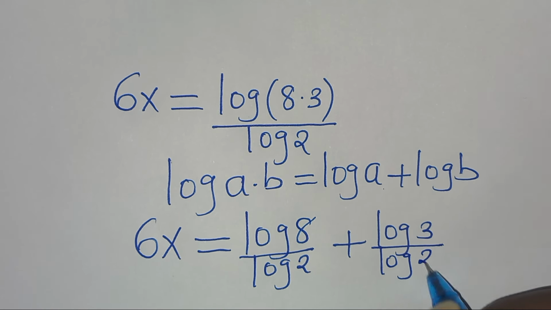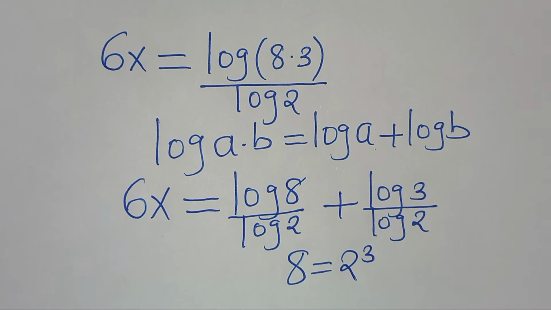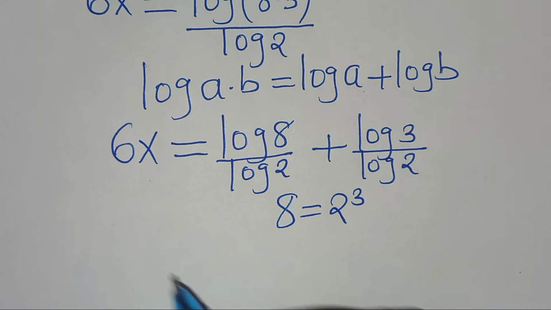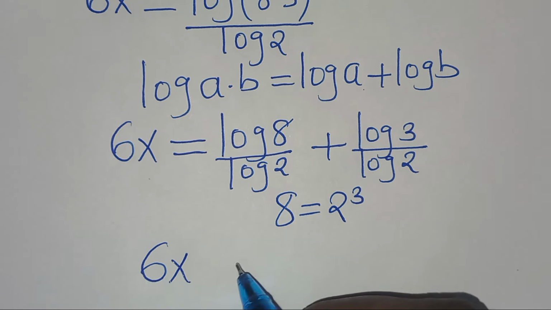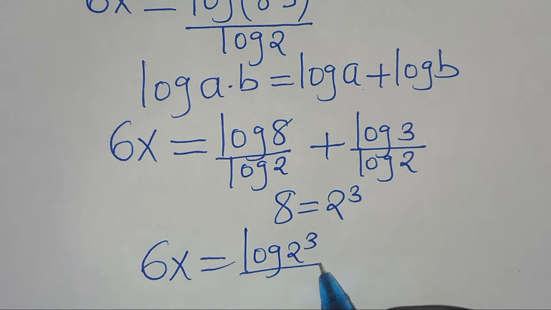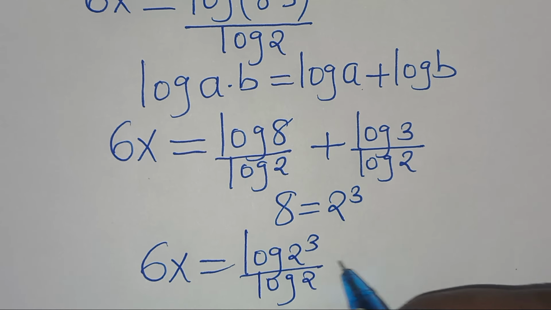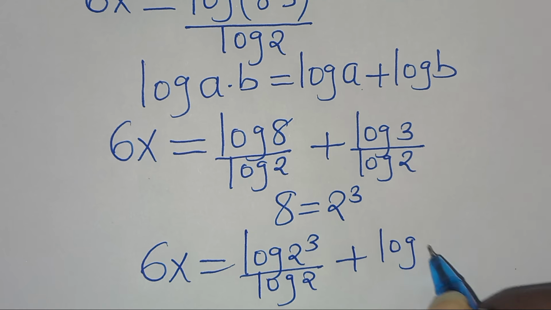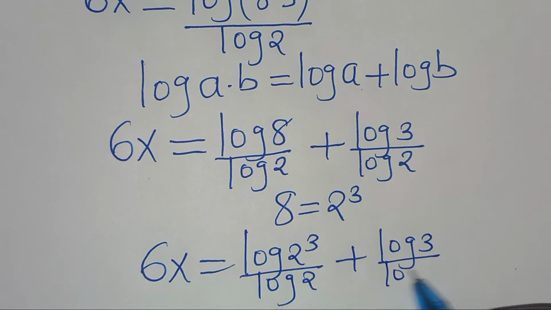The next step is that we can express 8 as 2 to the power of 3. Substituting this, then we have 6x. This is equal to log 2 to the power of 3 divided by log 2, then plus log 3 divided by log 2.